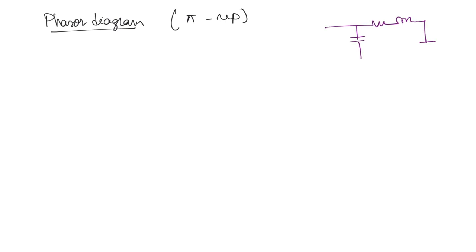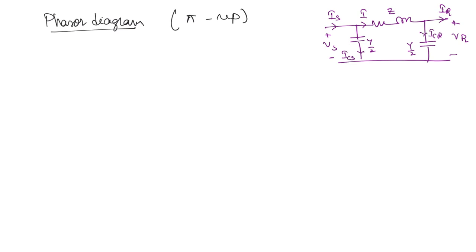Now let's see the phasor diagram of nominal pi representation. You can redraw this for the sake of reference here. This is Is, Vs, here you have the receiving end current and voltage, this is Y by 2, this is Z, and this current is I, this current is ICS, this is ICR.